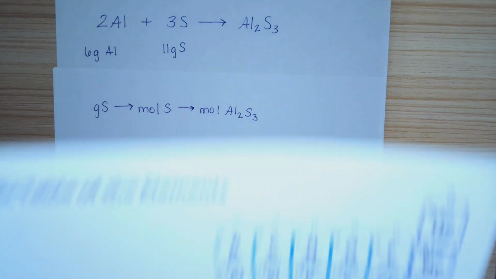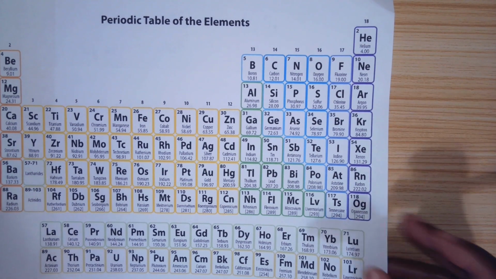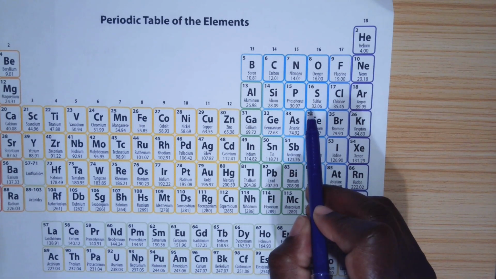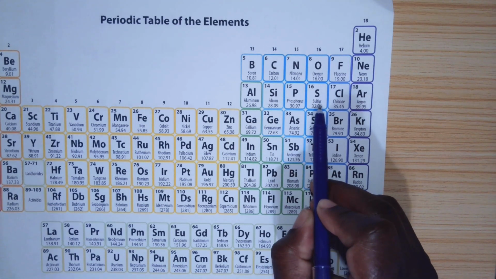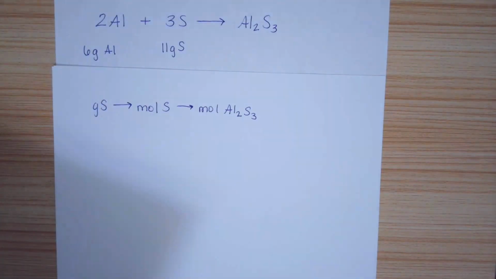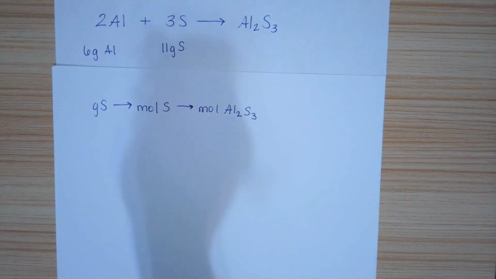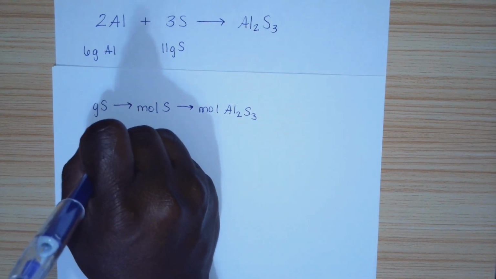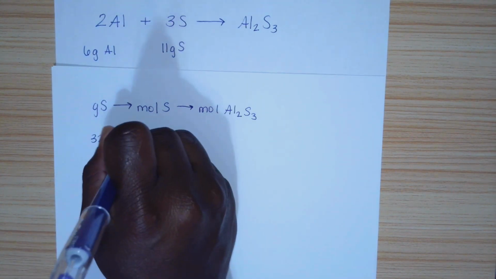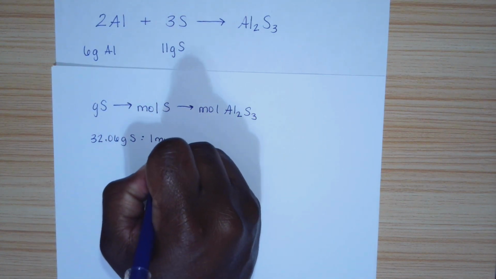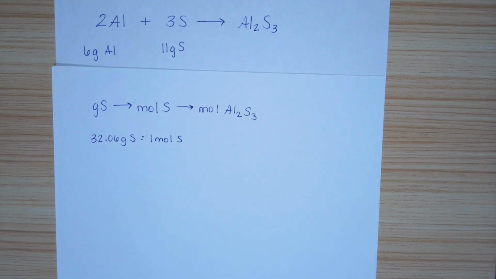So again, we have to go back to the periodic table, locate sulfur. Sulfur has an average atomic mass of 32.06. That 32.06 that you see on your periodic table tells you that for every 32.06 grams of sulfur, that is the same as 1 mole of sulfur.